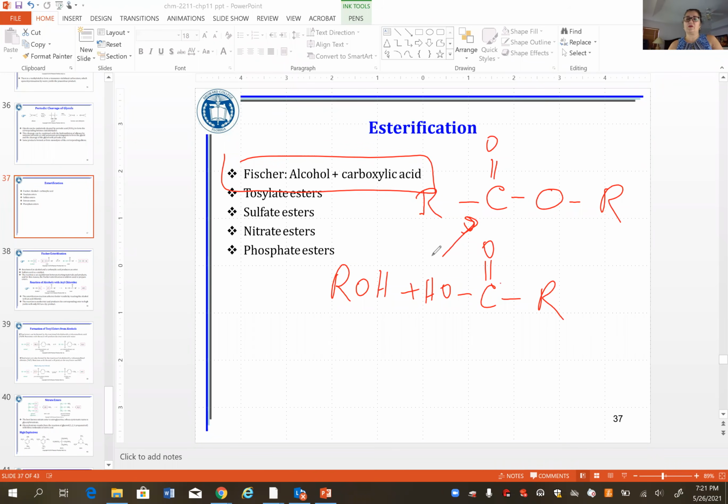Basically, you start with two organic molecules and you end up with one larger organic molecule. In Fischer esterification, which is the reaction of an alcohol and a carboxylic acid, this reaction requires a catalyst. Can you tell me why we need a catalyst here?